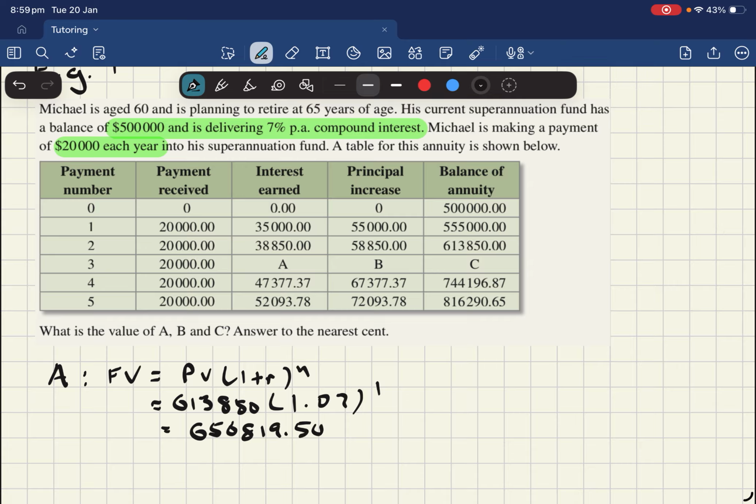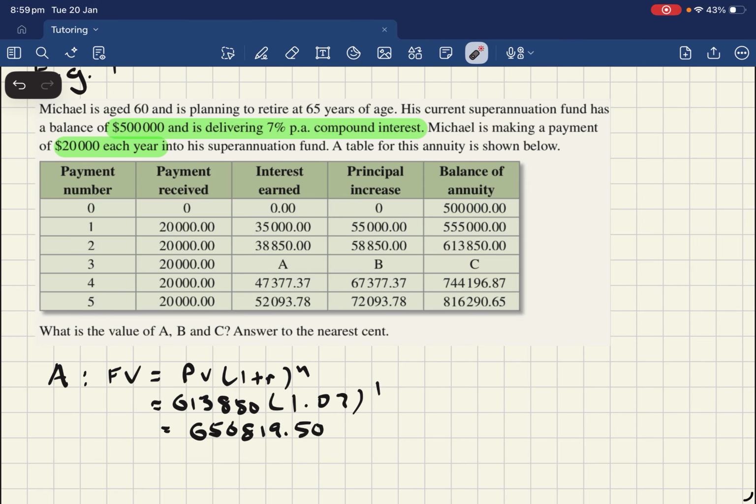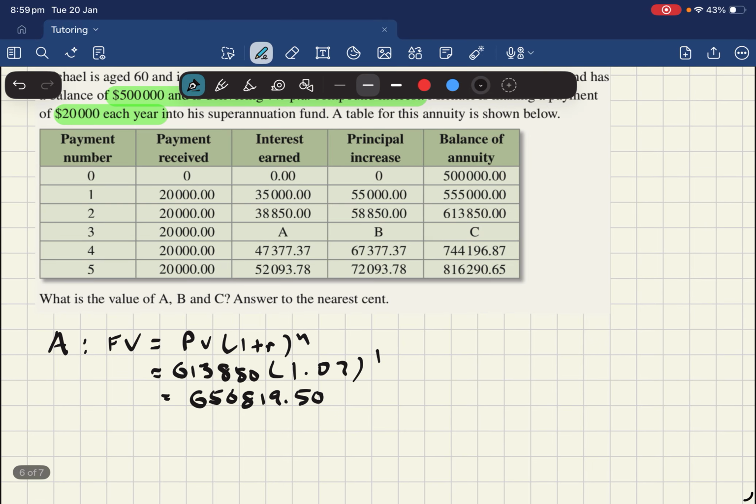Now, are we finished yet? No, because we're trying to find the interest earned. So to find our interest earned, we have to take our future value minus the present value. The interest is just the difference between those, what we actually made.